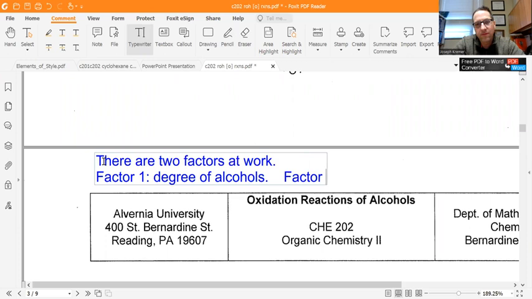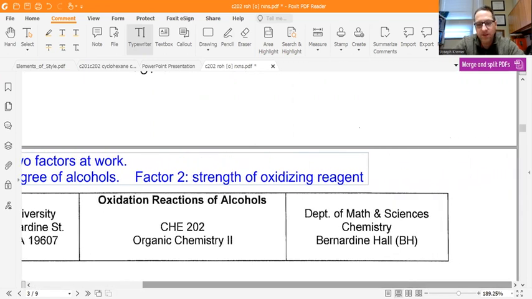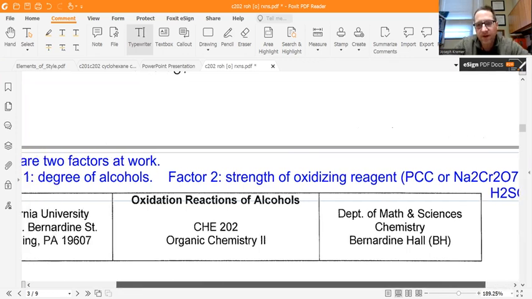Factor 2, strength of oxidation reagent or oxidizing reagent. Is it PCC or Na2Cr2O7 H2SO4? PCC or sodium dichromate sulfuric acid. Those are the 2 factors at work.